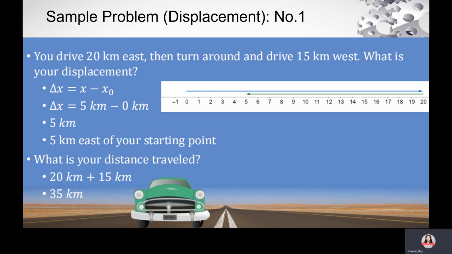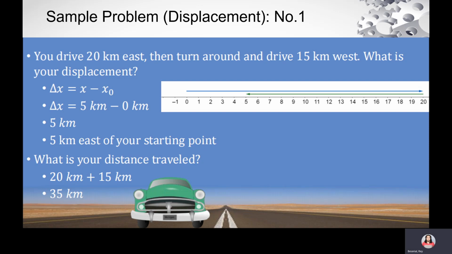Okay? So, itong ating 15 km is itong ating color green na arrow. So, makikita nyo sa ating one-line diagram na from 0 to 20, ang travel mo from east. And then from that point, bumalik ka at nag-travel ng 15 km west. So, makikita mo agad dito kung ano yung displacement mo. So, 5 km papunta siya ng east.